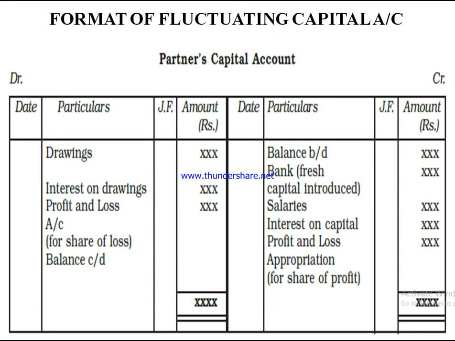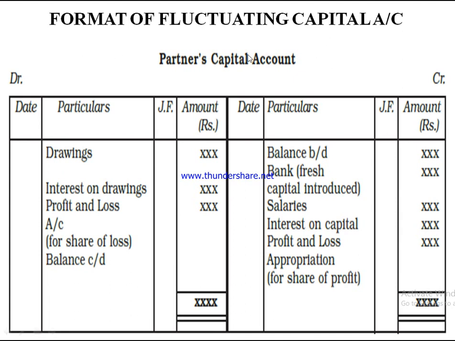If there is a loss from profit and loss appropriation account, we show it on the debit side. So the format is simple, but it is just the combination of both accounts, the fixed capital account and the current account.